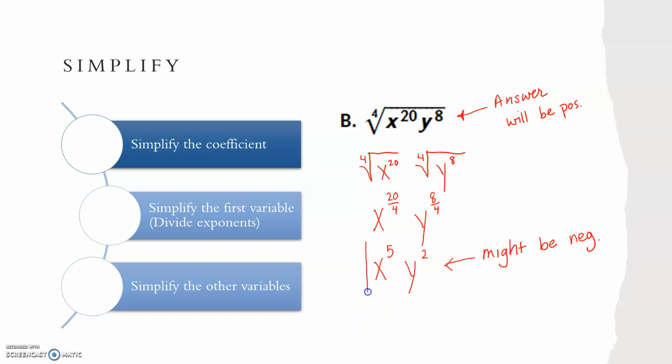So what we do is we fix that problem by putting absolute value bars around the x to the 5th. And now our answer will definitely be positive, which is what we want, so that it matches. Be careful if you have an even root, you know the answer will be positive. So if you might have an answer that might be negative, put some absolute value bars around it to fix it.